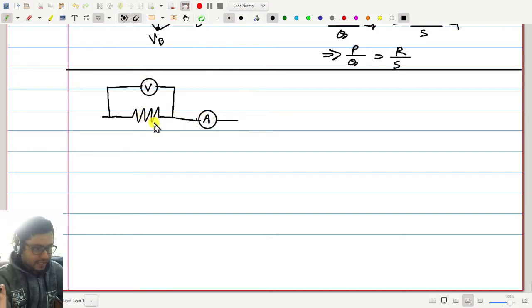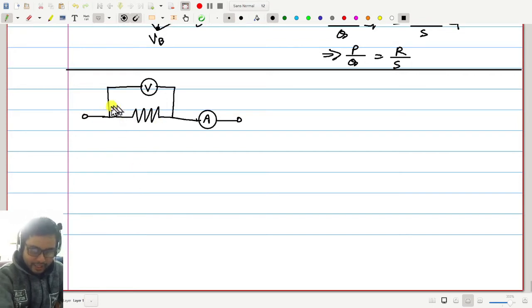That we have already discussed. That issue is there. For now you can assume that this voltmeter has very high resistance, so that problem can be ignored, because we are going to focus on another problem. There are so many problems, it's better to focus on one at a time.